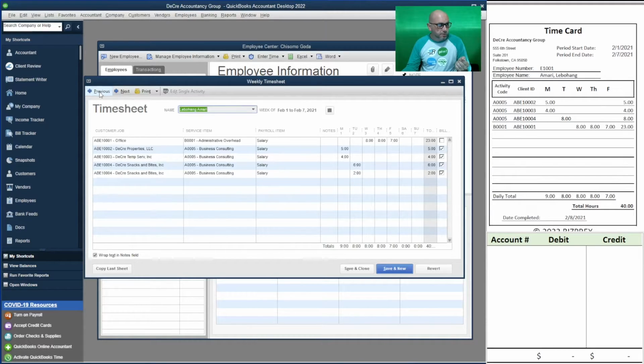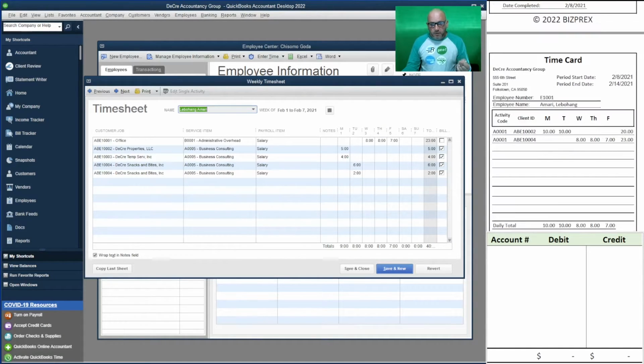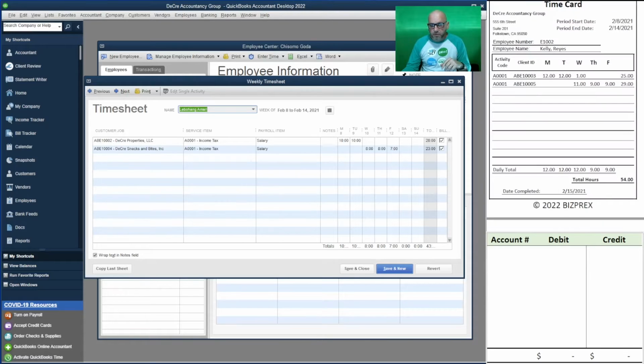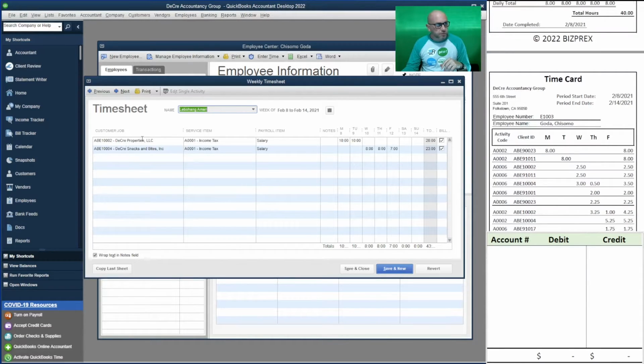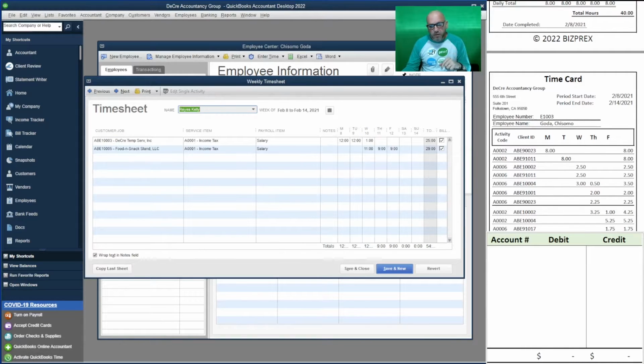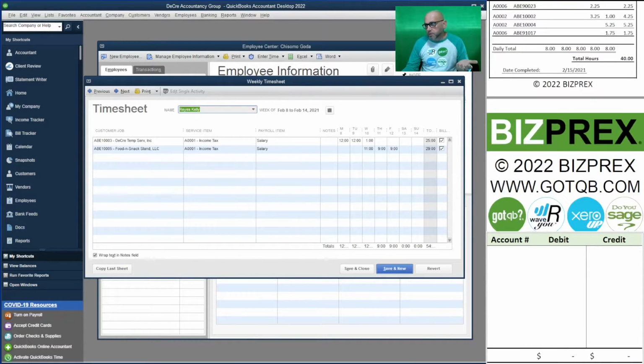Okay, give me a second. So here it is, right? Here, that time card that you see on the screen. Here's the next one, right? There it is. And we have it for the other employees as well. So here you can take a look, right? We already pre-processed it, went through it.